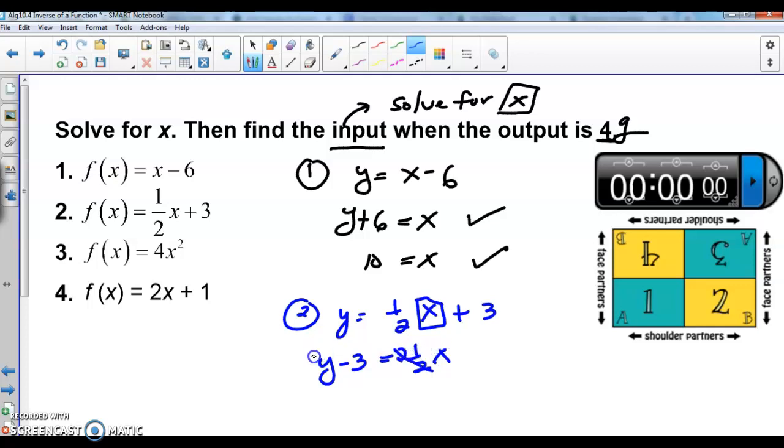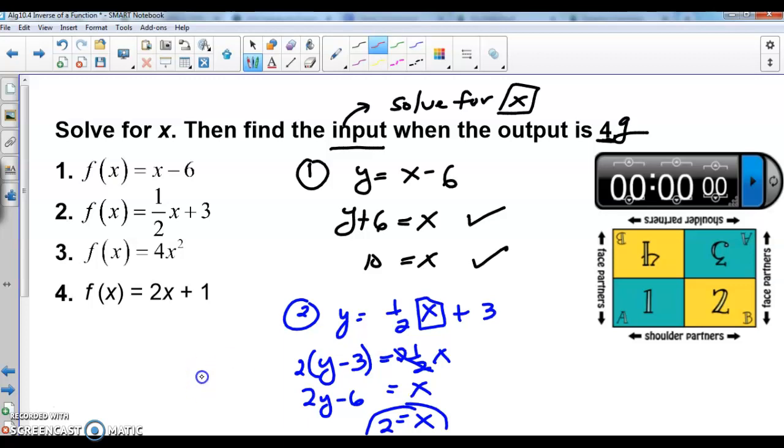These will cancel out, and you multiply this by 2. Simplifying further, you get 2y minus 6. If you substitute 4 for the output, 2 times 4 is 8, minus 6, that's 2. So when the output is 4, the input is 2.